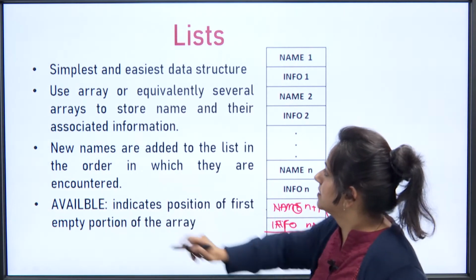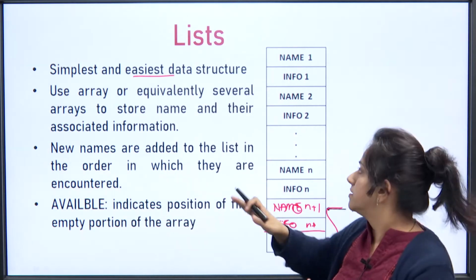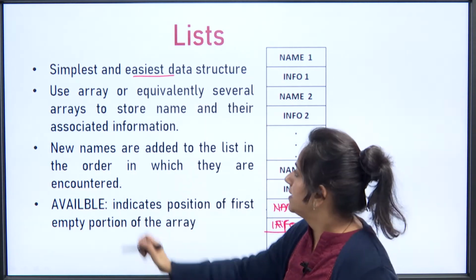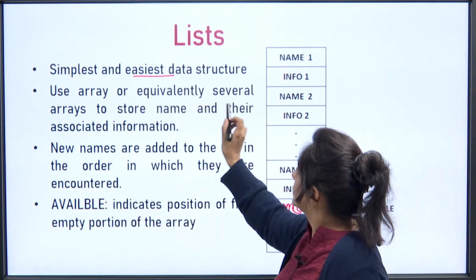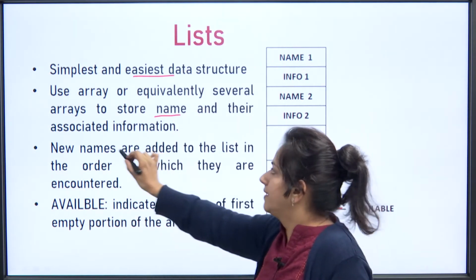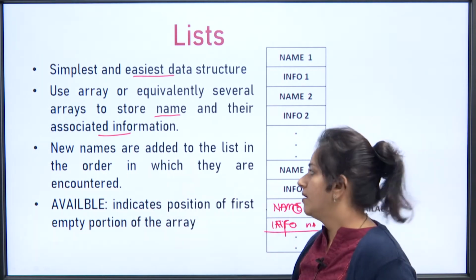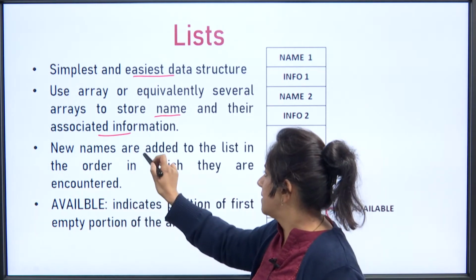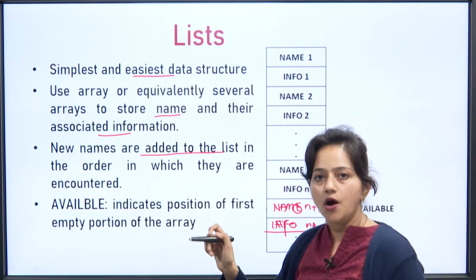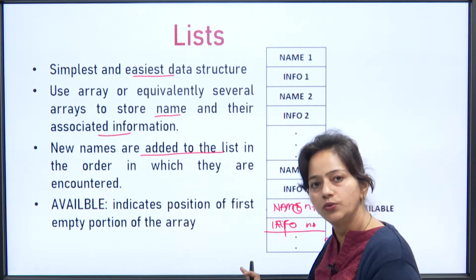So, we can say this is the simplest and easiest data structure, where we store all the records one after another in a linear way, and it uses an array or equivalently several arrays to store names and their associated information. Based on requirement we will add columns to it. New names are added to the list in the order in which they are encountered.